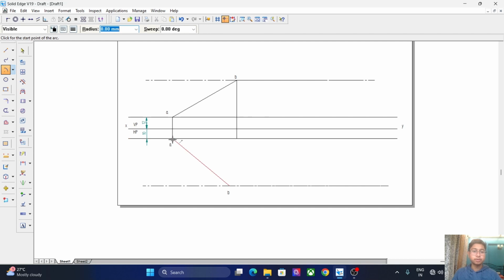We have to take A end of the below VP as center, and this perpendicular we have drawn as another end. So now we have to intersect this locus we have drawn.